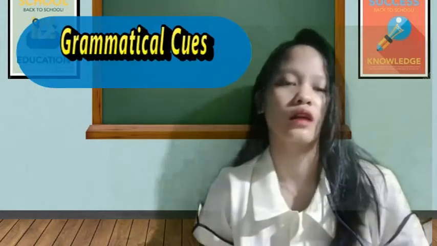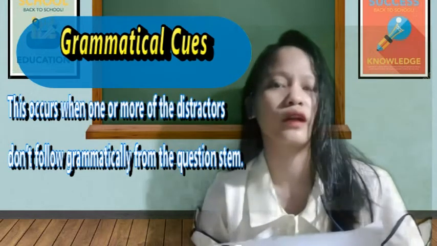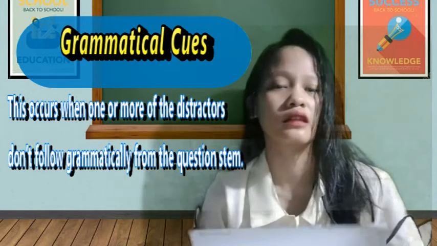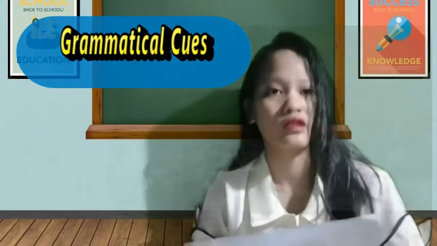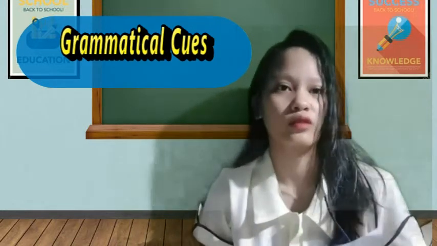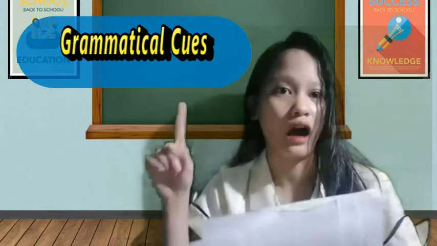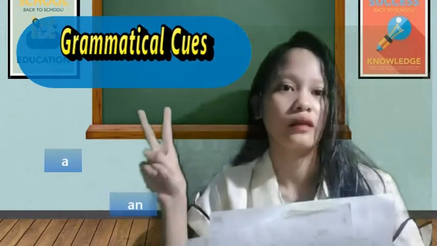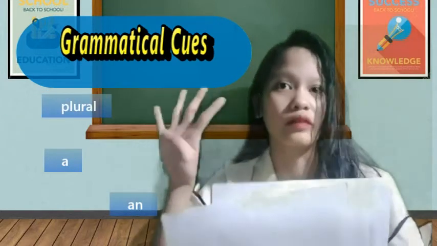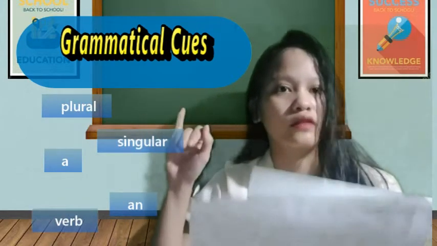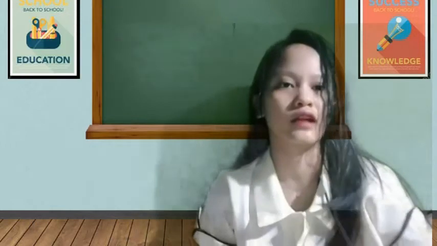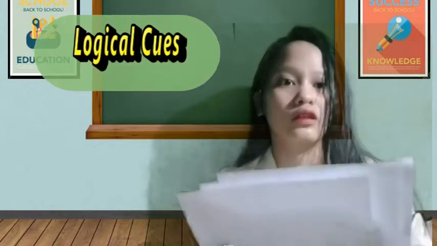Grammatical cues most often occur when instructors or teachers don't follow grammatical agreement with the question stem, for example when using singular and plural verbs and forms.